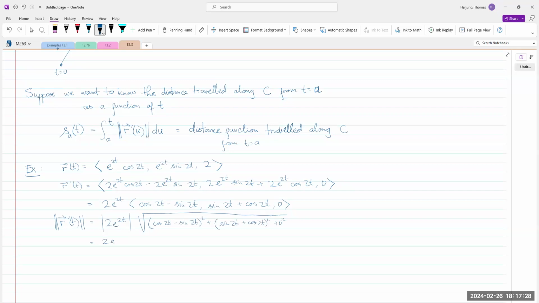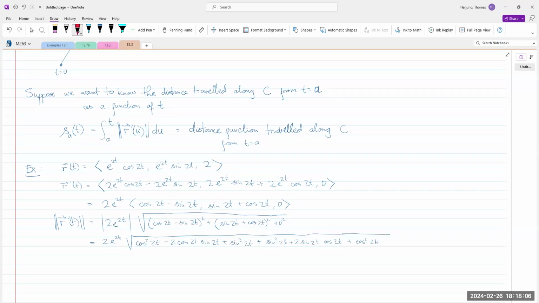This is 2e to the 2t times the square root of cosine squared 2t minus 2 cosine 2t sine 2t plus sine squared 2t, plus sine squared 2t plus 2 sine 2t cosine 2t plus cosine squared 2t.